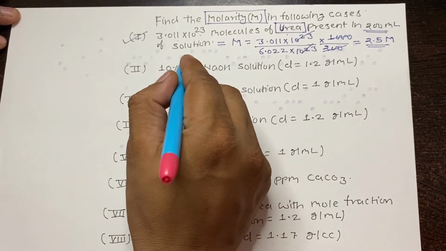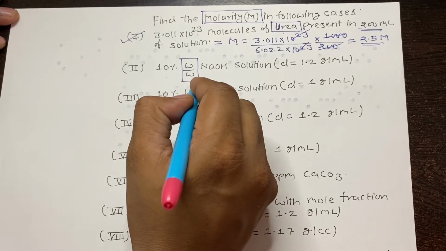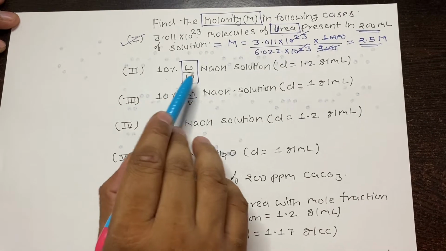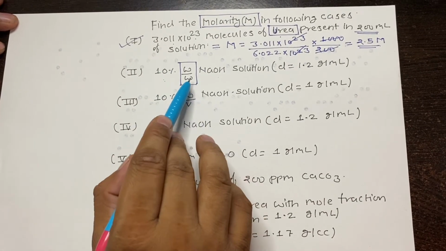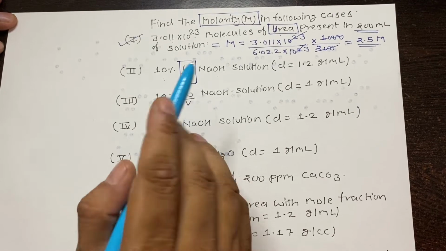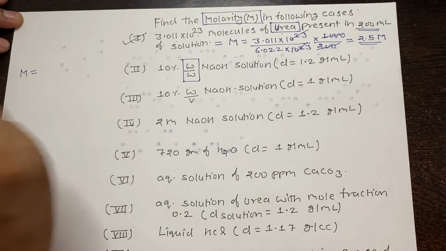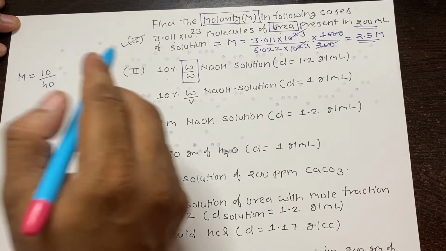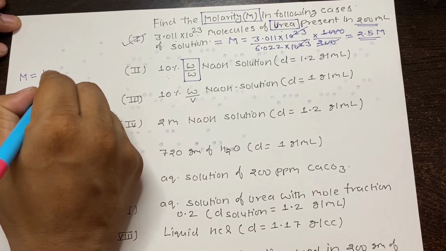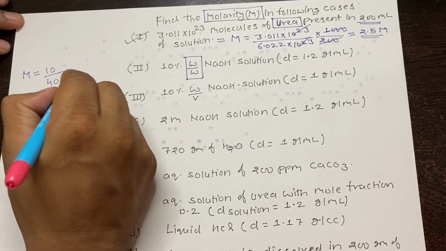In the next question, it is given that 10% W by W NaOH solution. In the last lecture we discussed how we can decode these concentration terms. So 10% W by W NaOH means 10 gram of NaOH present in 100 gram of solution. So molarity is moles of solute, which is 10 by 40 moles of NaOH, which will be present in the volume of solution.